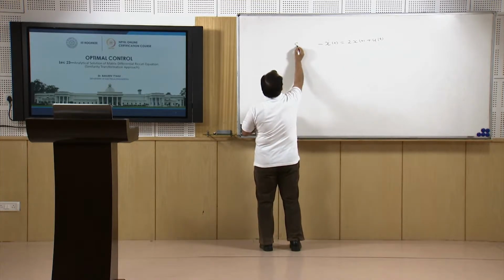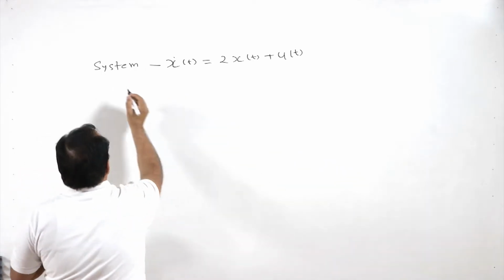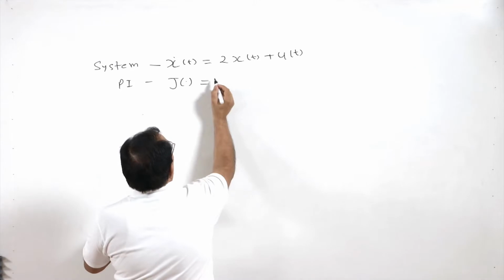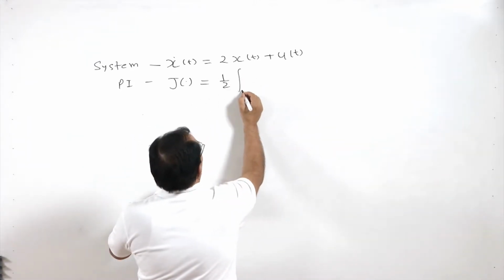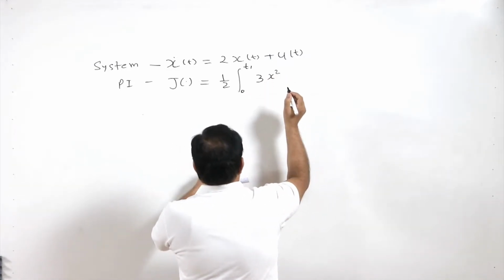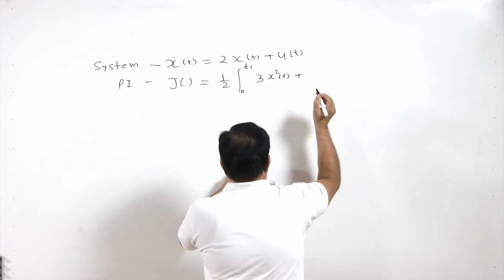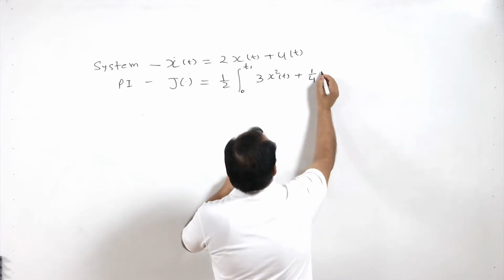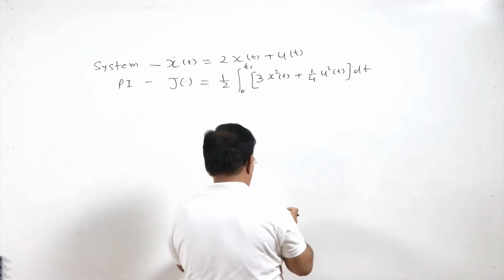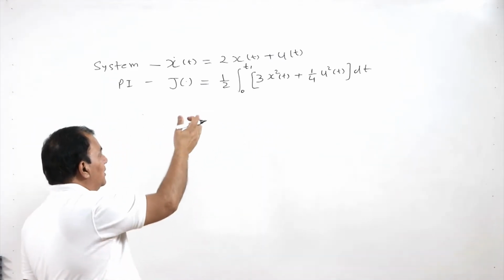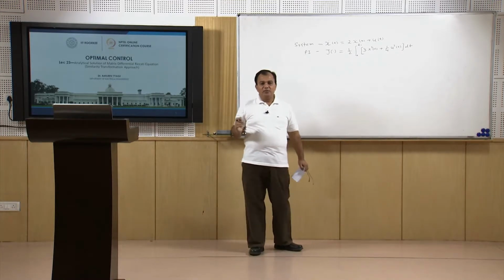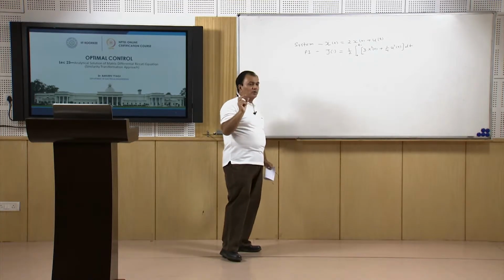The performance index has a term one by 4 u squared(t) dt. Our objective is to find u, which is minus R inverse B prime P, and P is the solution of my matrix differential Riccati equation. If I know P, I can find u.